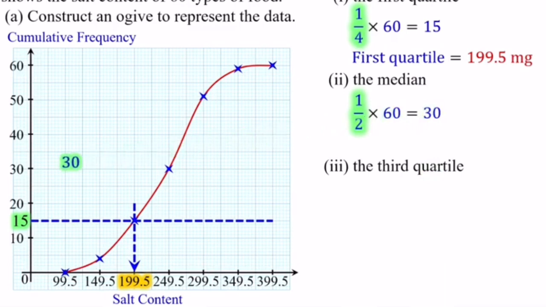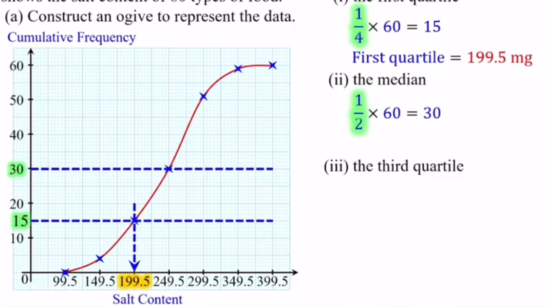So we are going to draw the horizontal line for 30. We are going to dash the 30 until it touches the ogive. You may use a ruler to help you draw the horizontal line like this, a dash line. Okay, make sure it's the dash line.